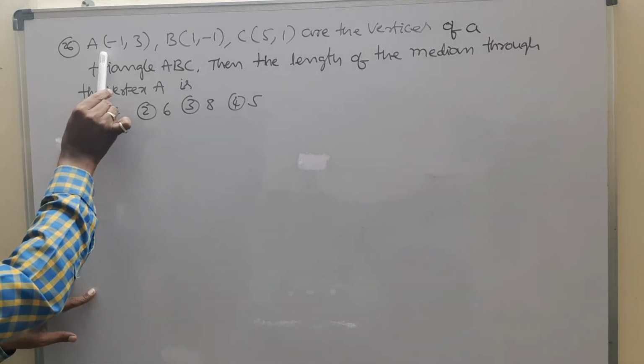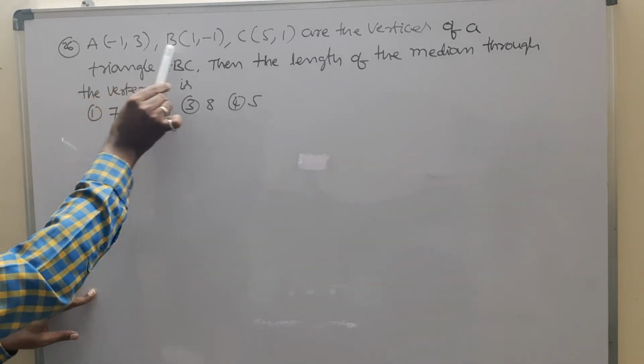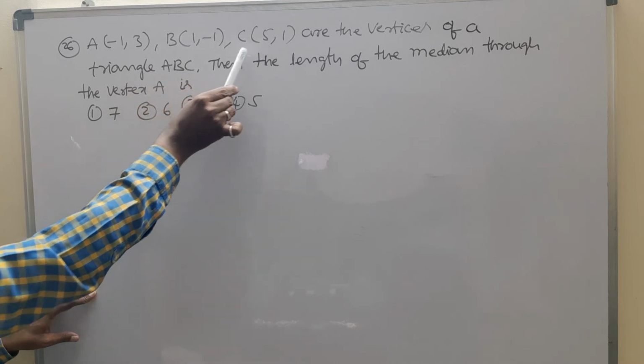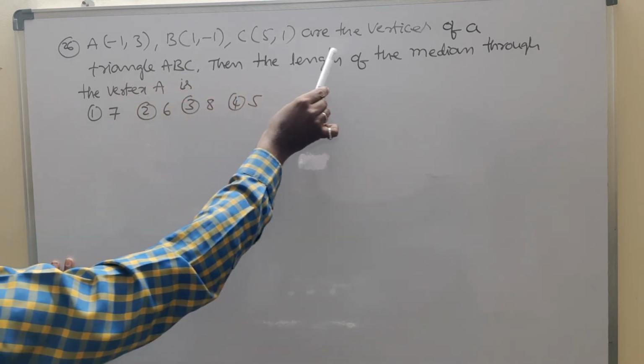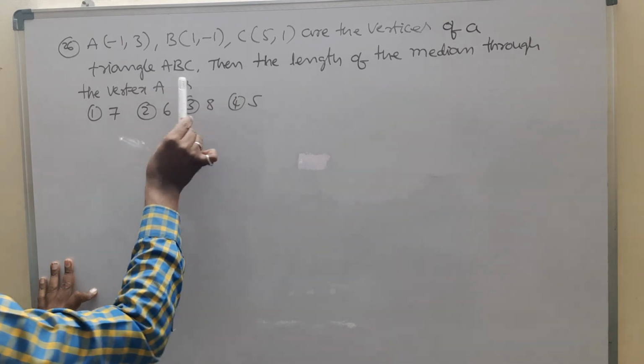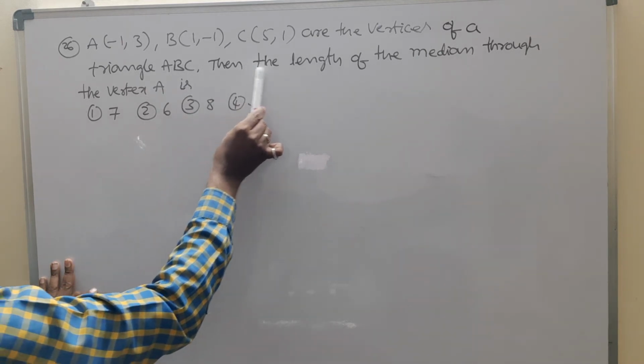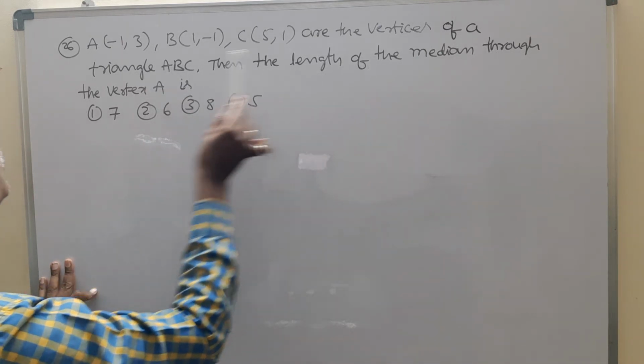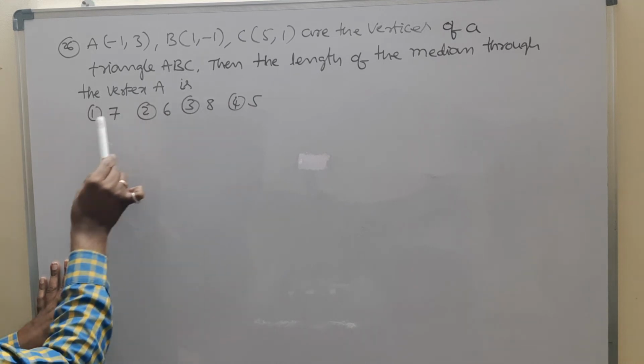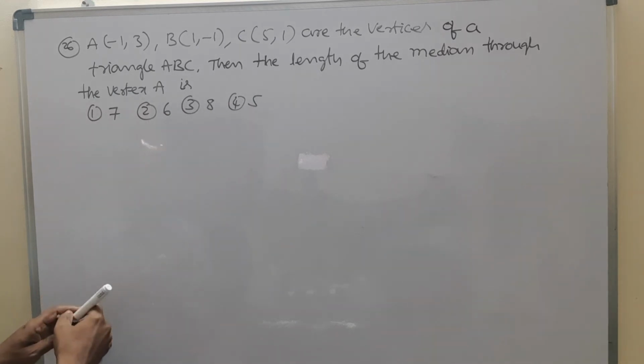26th question. A (-1, 3), B (1, -1), C (5, 1) are the vertices of a triangle ABC. Then the length of the median through the vertex A is, here the four options are given.